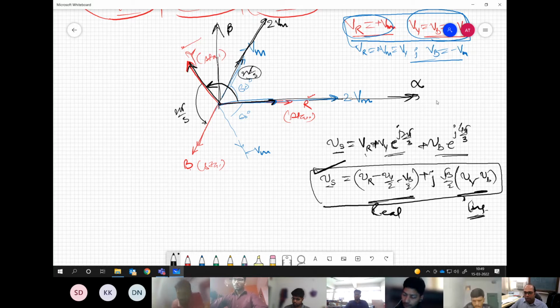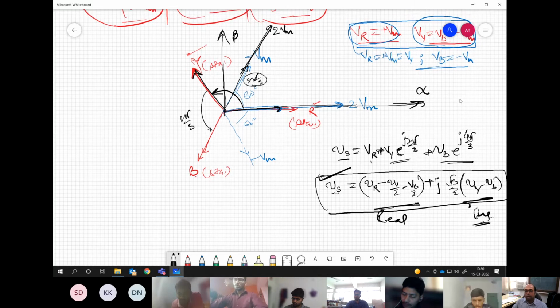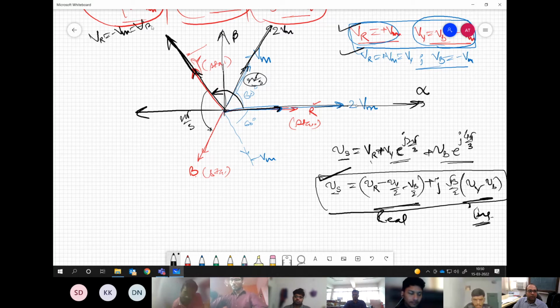Now, what you are seeing here is that when we change the values of VR, Vy, Vb, the voltage vector shifts its position. Similarly, if the values of Vr and Vb go to minus Vm and Vy gets positive, plus Vm, the voltage vector will appear over here. Magnitude will still remain 2Vm.